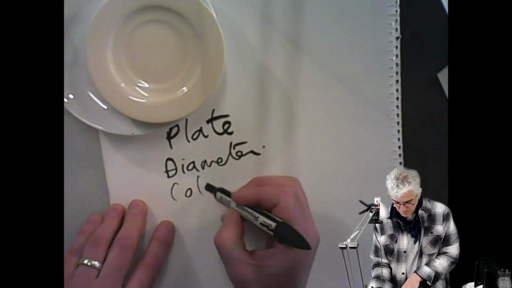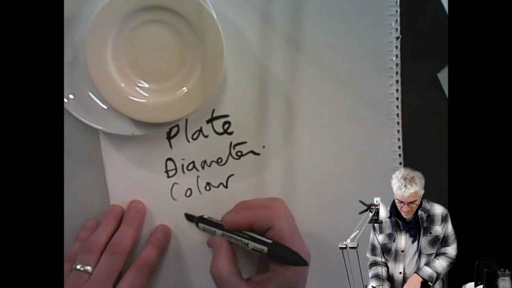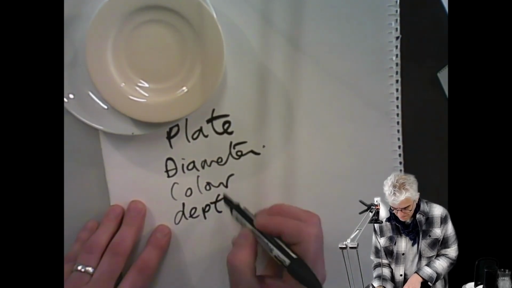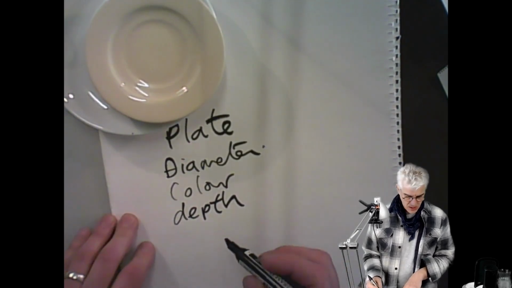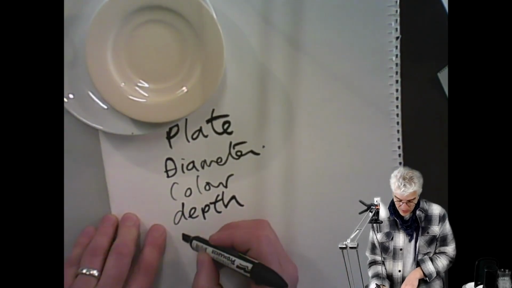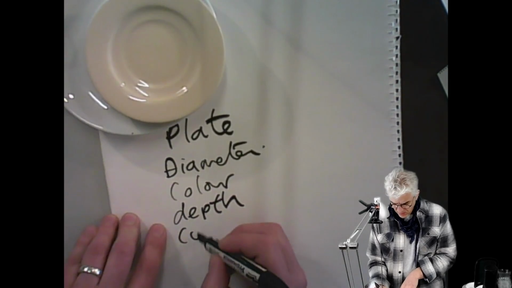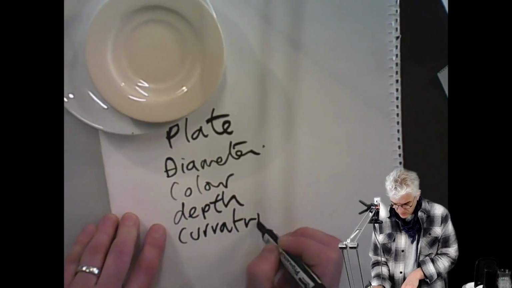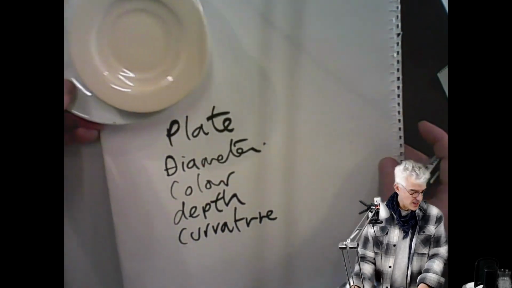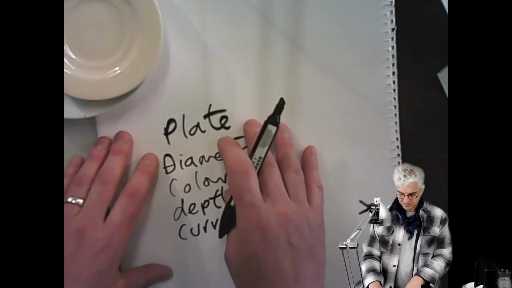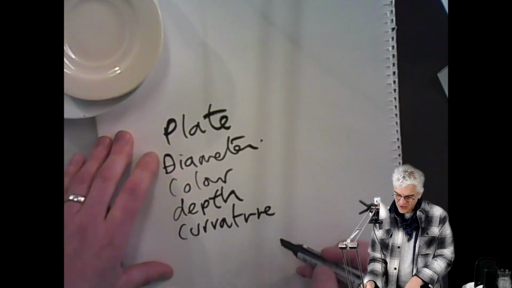It'll have a color and a depth. And let's add one more thing: curvature. So this is my plate, and these are the things that are inside the plate.